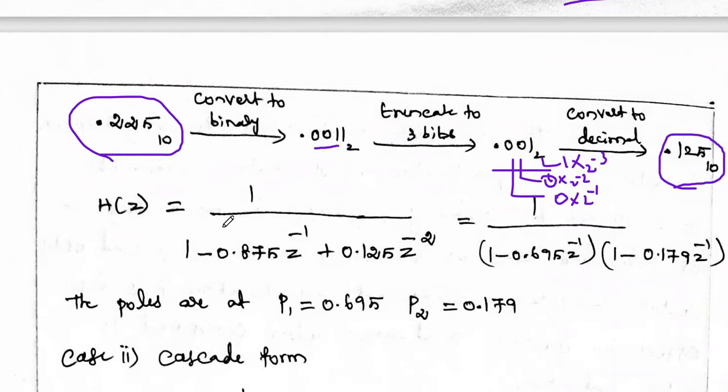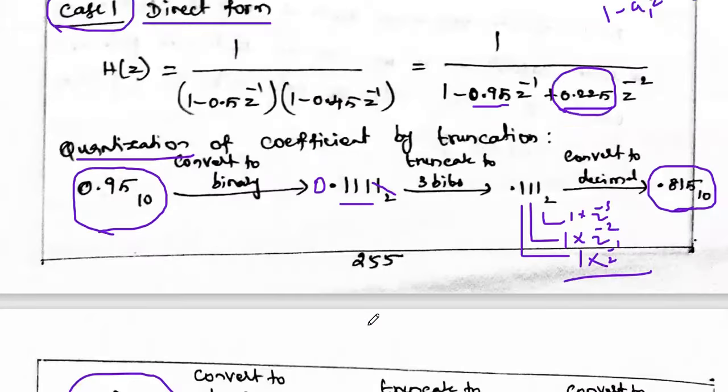Then the second order equation. If you want to check the pole shift, we have to find out the poles, so we factorize this second order equation. Factorizing, you get 1 divided by 1 minus 0.695 z inverse into 1 minus 0.179 z inverse. So the new poles are P1 equal to 0.695 and the second pole equal to 0.179.